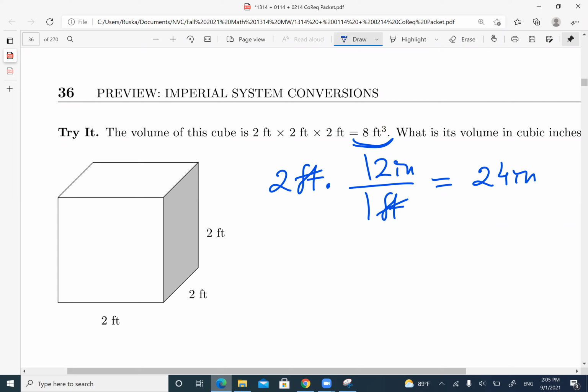So what does that mean? We're going to multiply 24 times 24 times 24. And that's going to give me the volume in inches.